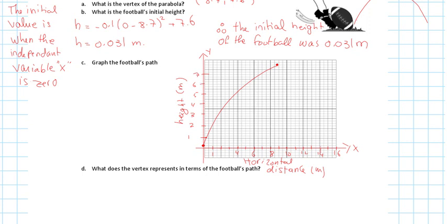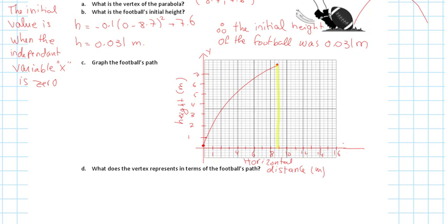So because of this symmetry, I know that I can find a point that's symmetrical to this point on the other side of the graph. Okay? So, if you look here, on the x-axis I have 8.7, right? So if I go 8.7 from the vertex, I'm going to land at the same y value, okay?